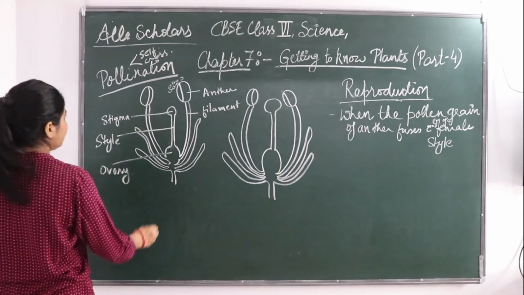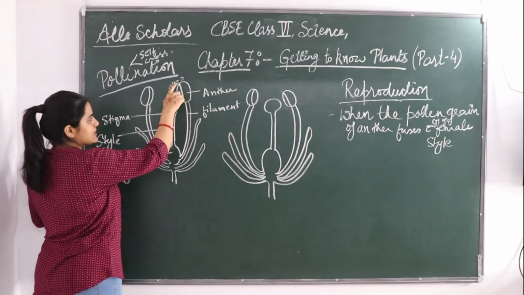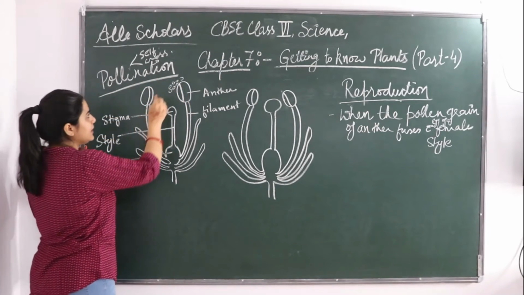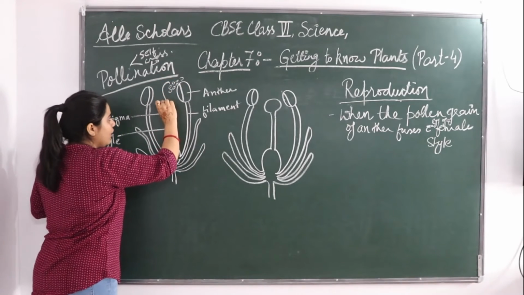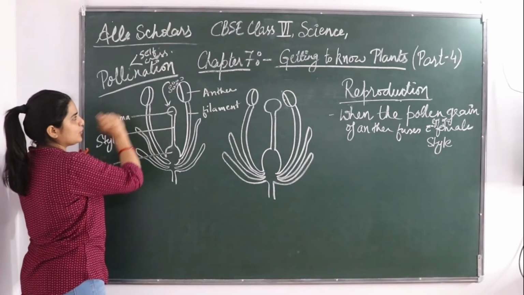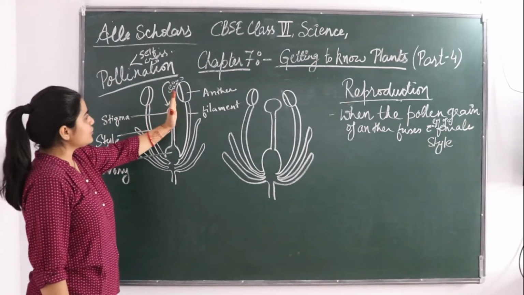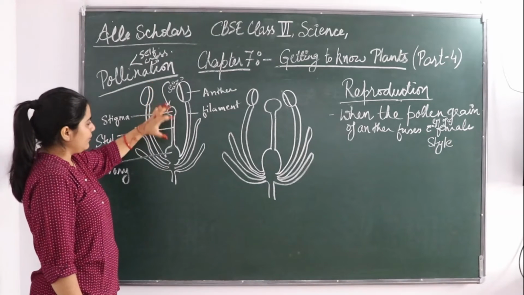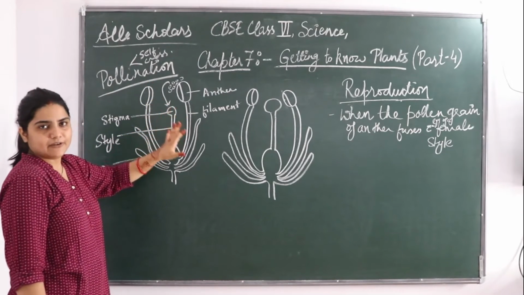You can see this is the anther and these are the pollen grains of that anther. It is going to fall on the female reproductive part. Here it is going to fall. So the anther is of the same flower and the female reproductive part is also of the same flower.